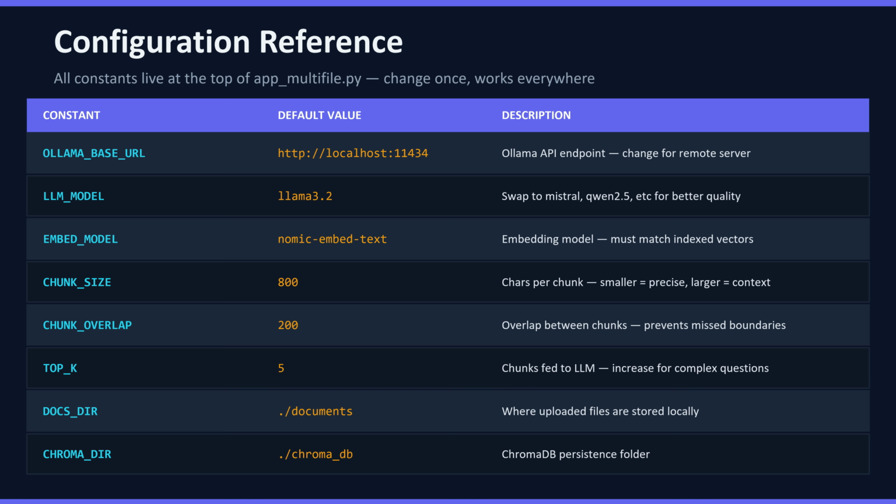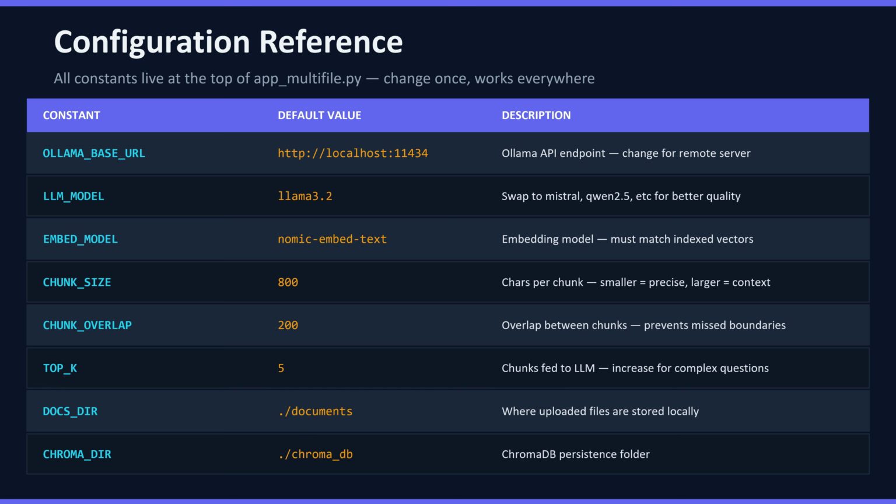This is the model used for answer generation. You can swap this to Mistral or Gemma, any quality model for technical documents. Qwen 2.5 is the best local quality if you have the RAM. I will show a full model comparison in the next slide.